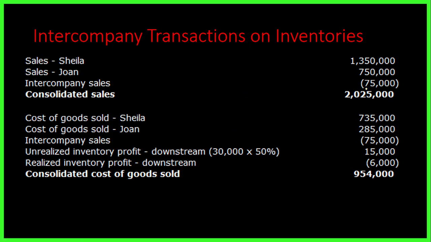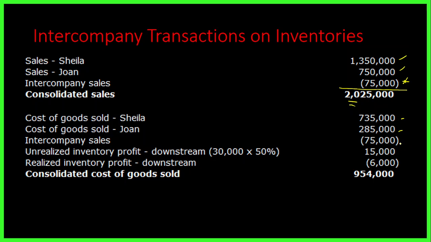So, ayun. Now, let's try to apply that concept. This will now be your consolidated sales. Again, dagdag natin yung sales ni parent and subsidiary less the intercompany sales, and you will now have your consolidated sales. Same with your cost of goods sold: cost of goods sold of the parent and subsidiary less your intercompany sales, which is 75.